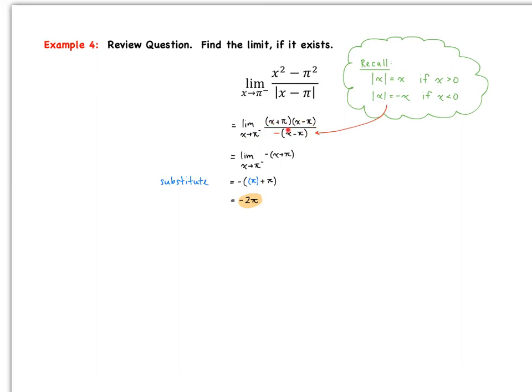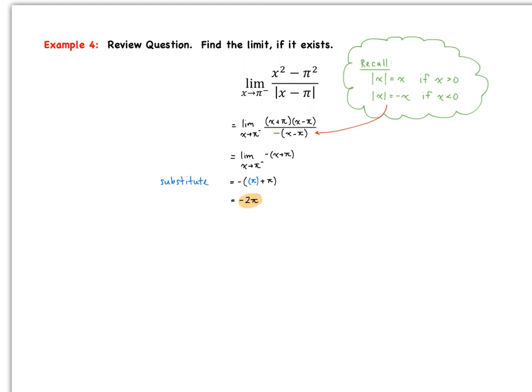and now I'm going to use that reminder. Okay, so if we're approaching pi from the left, that means this x value is less than pi because we're approaching it from the left.